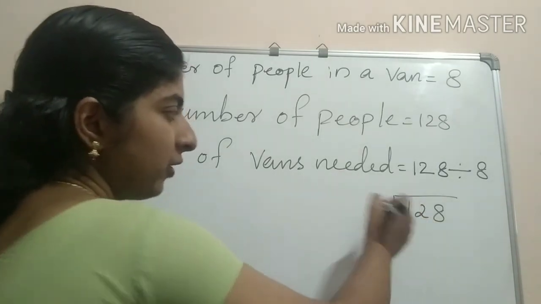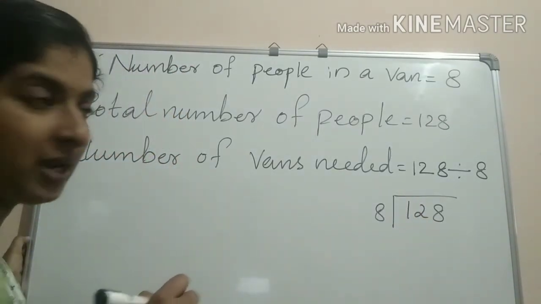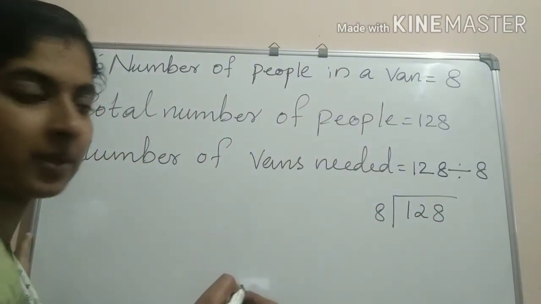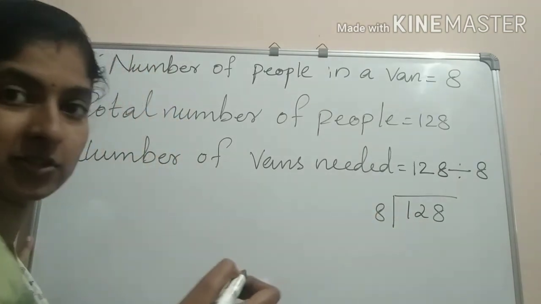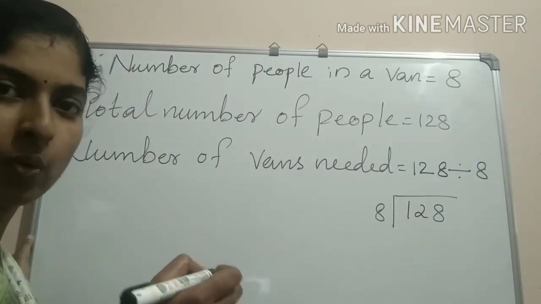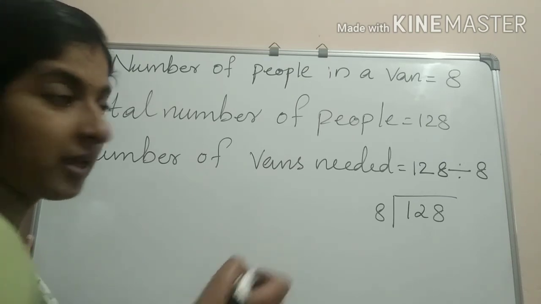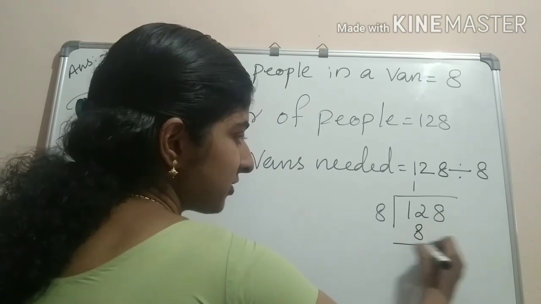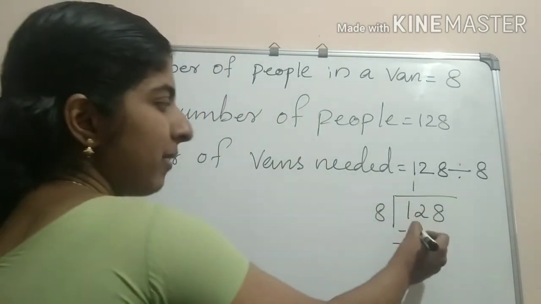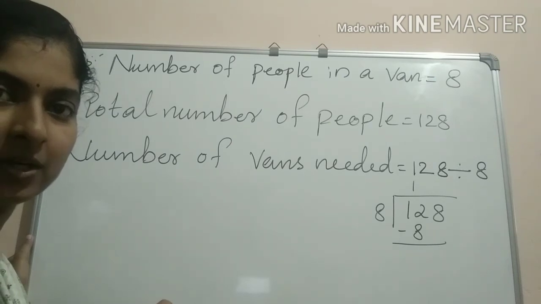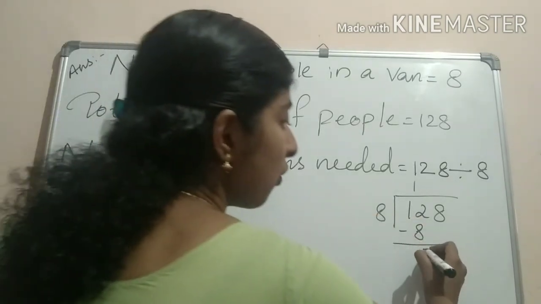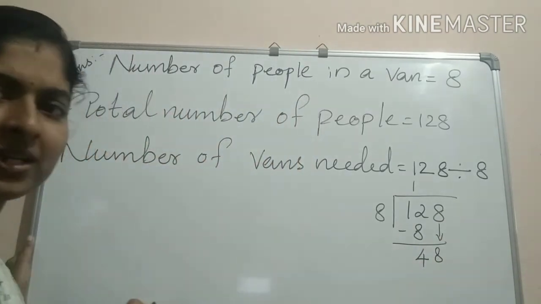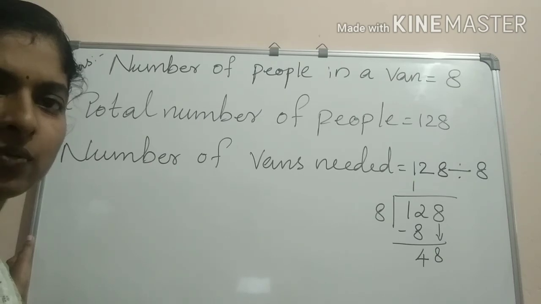How to divide 128 by 8? First, here only 1 divided by 8 is not possible. Then we take two digits together, that is 12. 12 divided by 8. 12 has how many 8s? 1 eight is 8, 2 eights are 16. Here only 12, so 1 eight is 8. Then 12 minus 8, what is the answer? 12 minus 8 is 4. Then this 8 comes down. 48 has how many 8s?